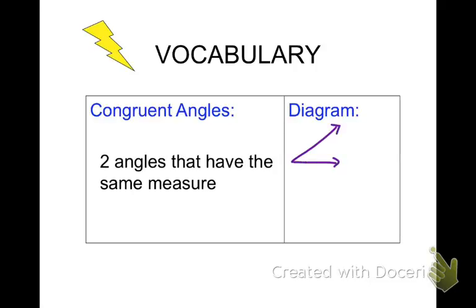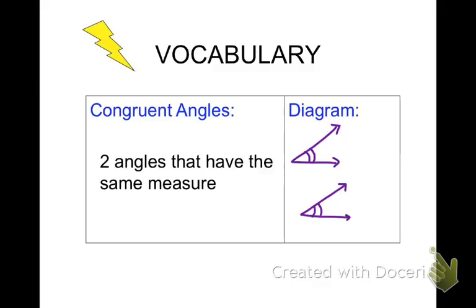So over in your diagram, try to make 2 angles that look like they have the same measure. To show congruency in an angle, we put a little arc inside the angle. And that can turn into a double arc, or it could turn into a triple arc, or a quadruple arc, however many arcs are necessary for the diagram for the congruencies.